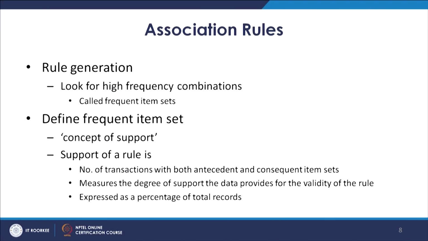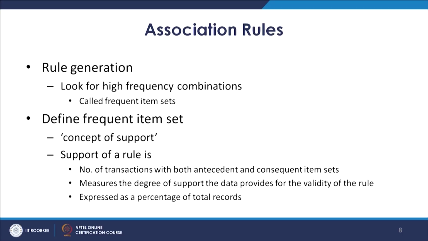How a frequent item set is defined depends on the concept of support. So, let us understand what we mean by support. The support of a rule is the number of transactions with both antecedent and consequent item sets.